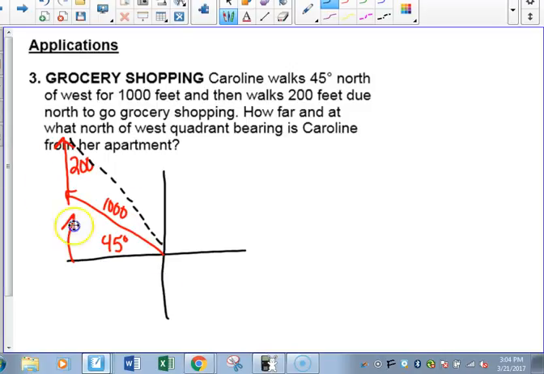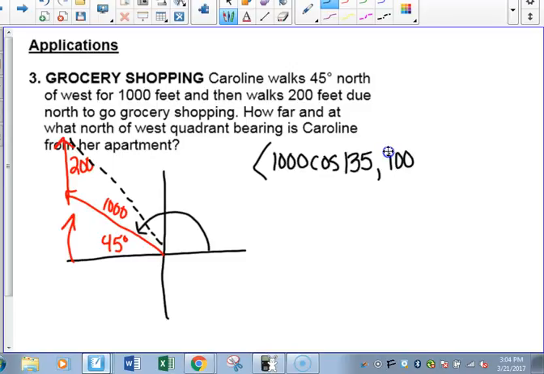Now, we could do a law of cosines question, but we've been doing it as components, okay? So her initial trip was 1,000 cosine of, be careful, 135. You can do 45, but then you have to make it negative.